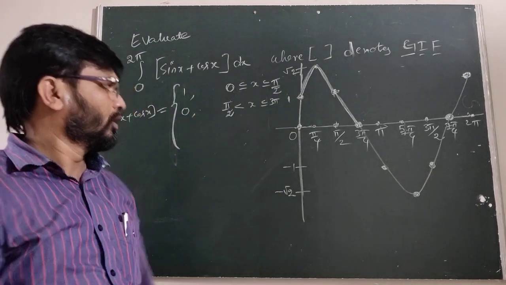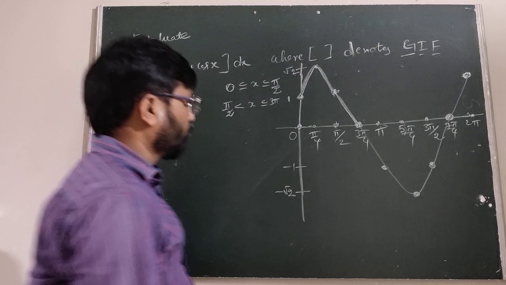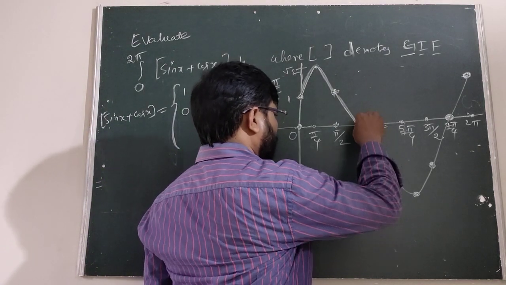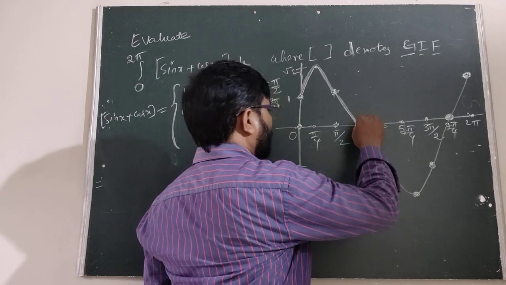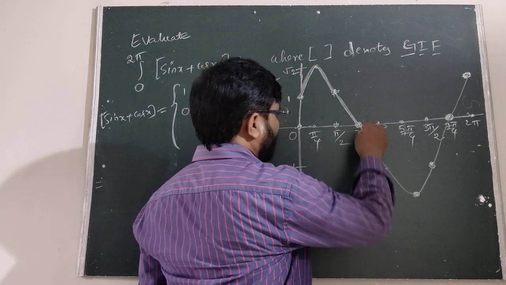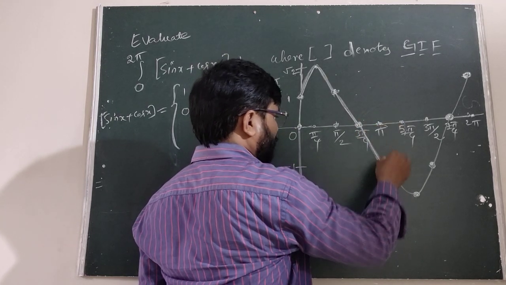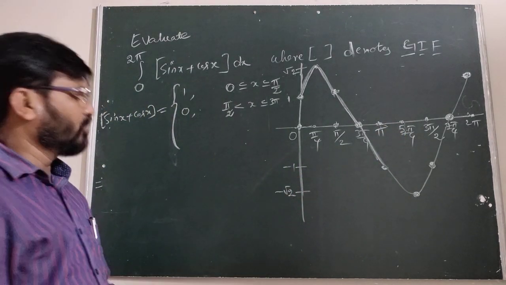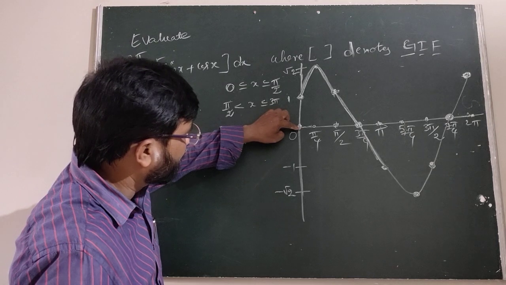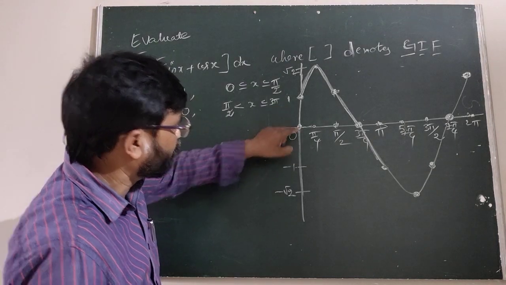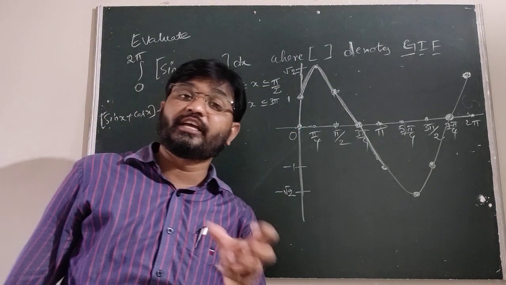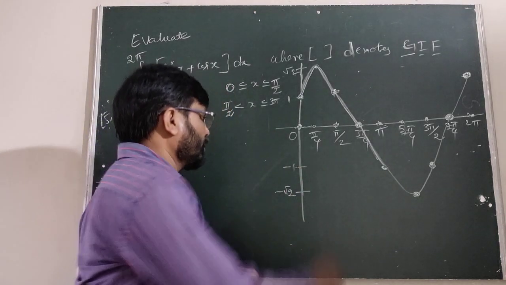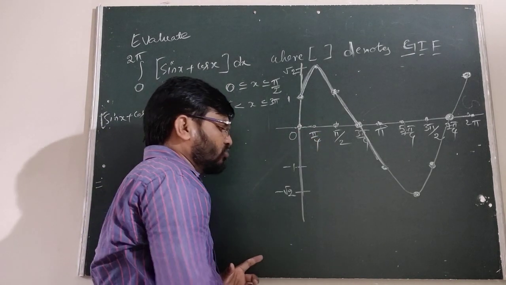Is it clear? Now we have to take this region. What is the region here? The region is 3 pi by 4 to pi. When we are taking pi, undoubtedly we get minus 1. When we are taking the values minus 1 to 0, we have to note that the greatest integer function of values below 0 is minus 1.